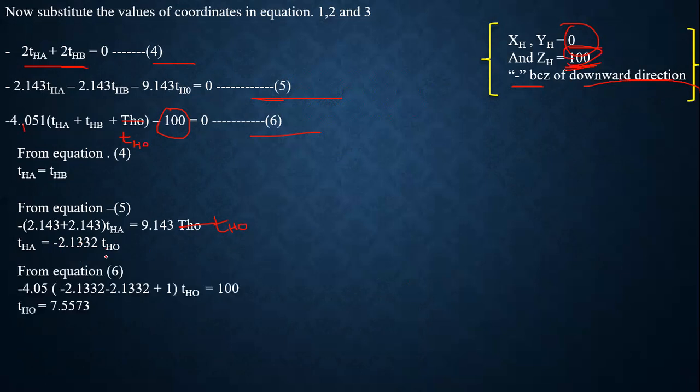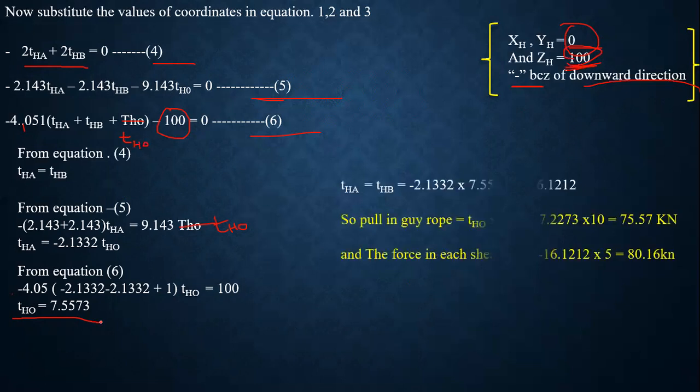From equation number 6, minus 4.05 minus 2.1332 minus 2.13 plus 1, THO is equal to 100. So THO will be 7.5573.